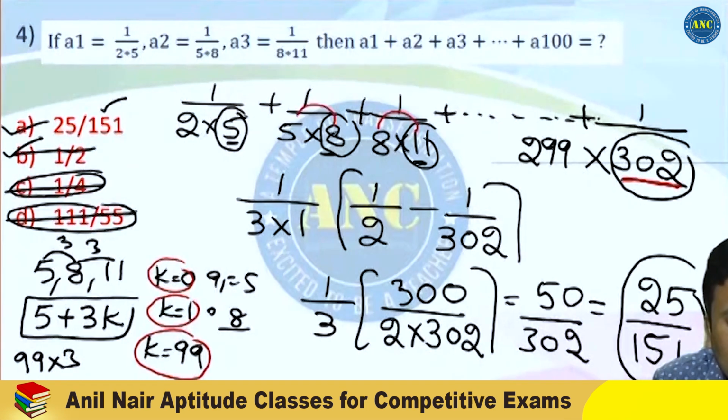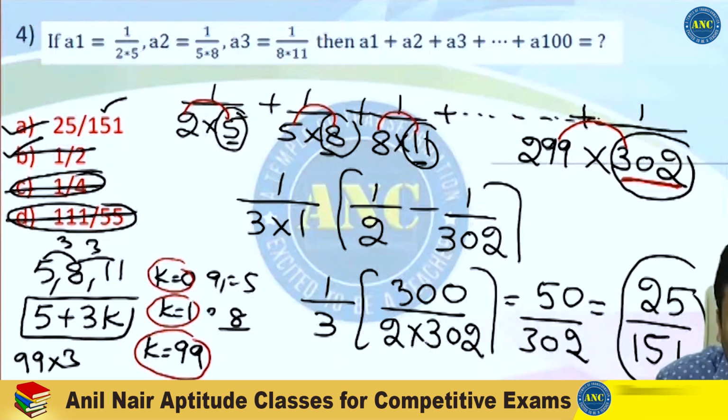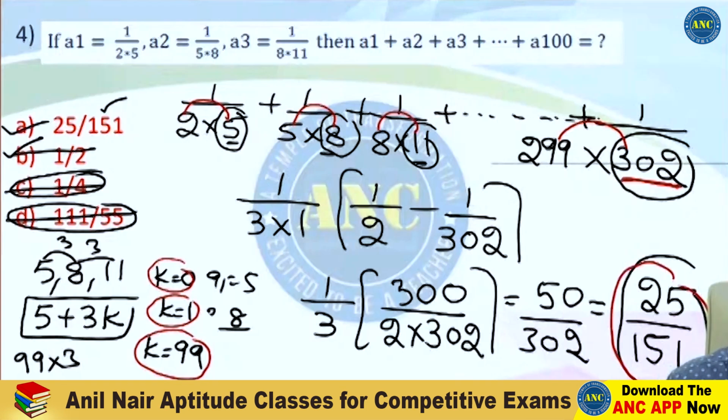The previous terms are 3 less each, so 299 into 302. 1 by 3 into 1 by 2 minus 1 by 302. This is nothing but 25 by 151.